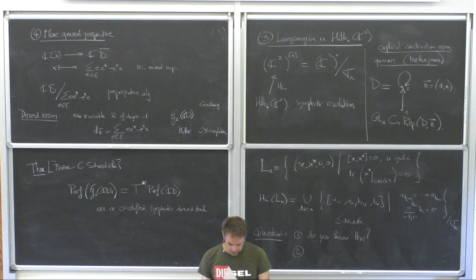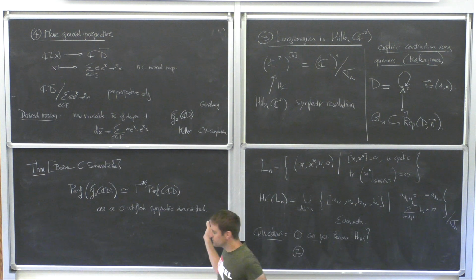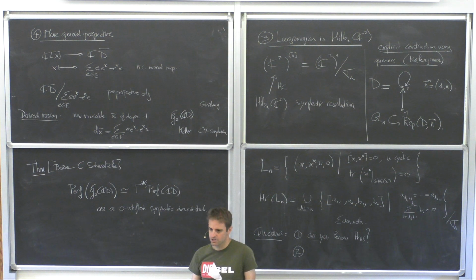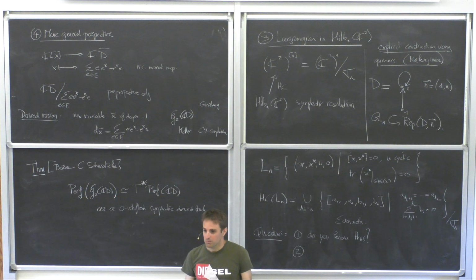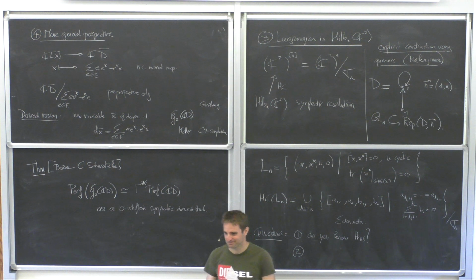I don't think this Nakajima construction is compatible with quiver mutation. If you do quiver mutation here, it will completely change the geometry of the representation space. Maybe it will change the geometry in an interesting way, but not in a way that I know how to control.